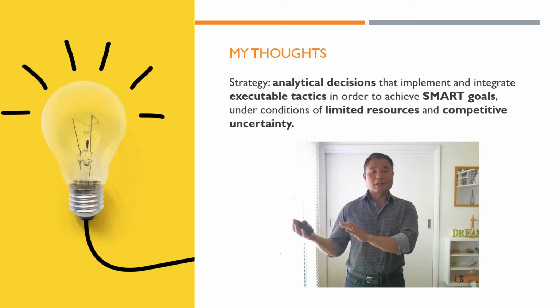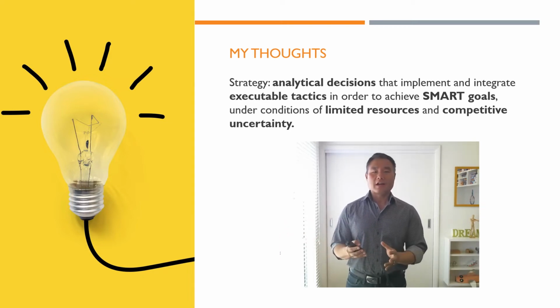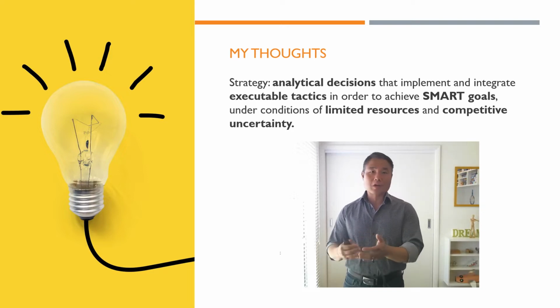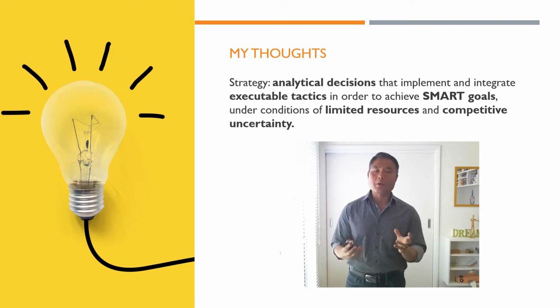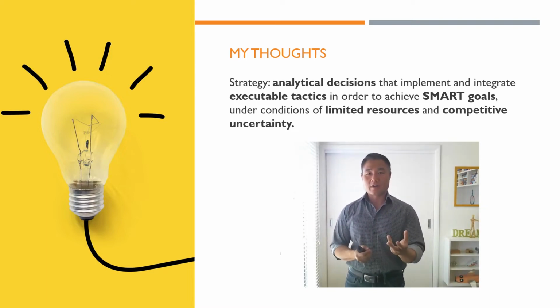In strategy, you've got limited resources in terms of time, cost, effort, etc., and people are trying to outwit you and do stuff that you don't want them to do, or they're trying to get to the same goals you're trying to reach before you get there. Because all this is happening, it goes all the way back to the beginning of this definition: the key thing about strategy is these analytical decisions, right?